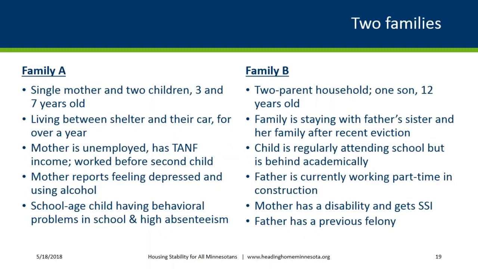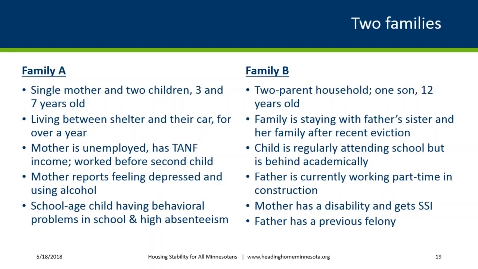On the other hand, a lot of what might be going on for family A could be a result of the current situation that they're in. We don't know why she's back and forth between shelter and her car. We don't know whether that's because of shelter rules that don't work for her and her family, or whether that's because she can't really do well in that environment.